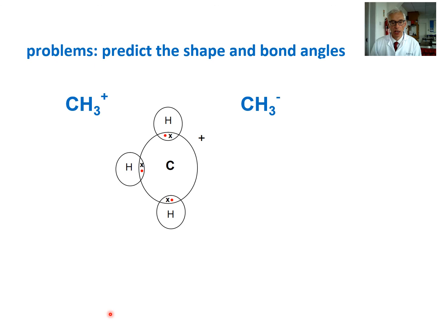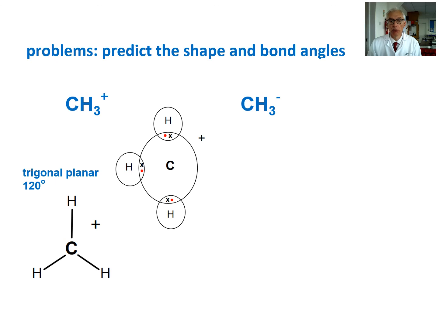So the CH3 plus molecular ion, which is the correct term, has 3 bond pairs around the central carbon. Well, 3 bond pairs, think back to boron trifluoride. It's going to arrange itself as trigonal planar with a bond angle of 120.